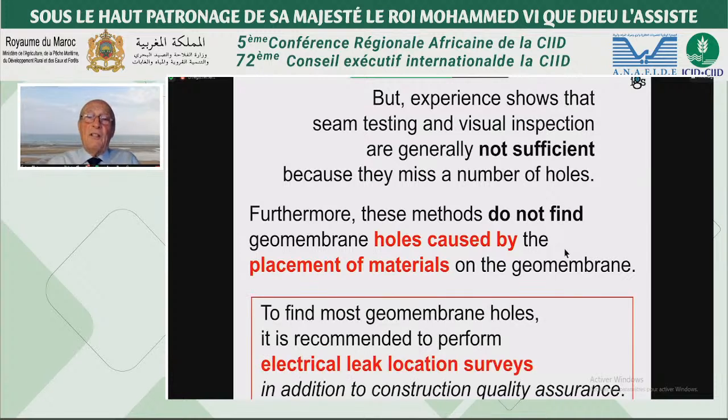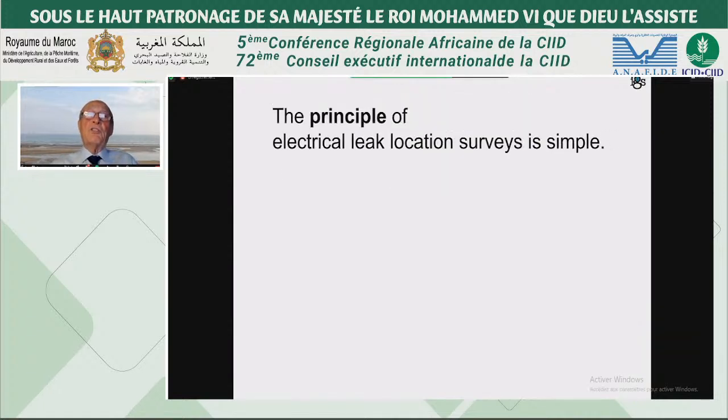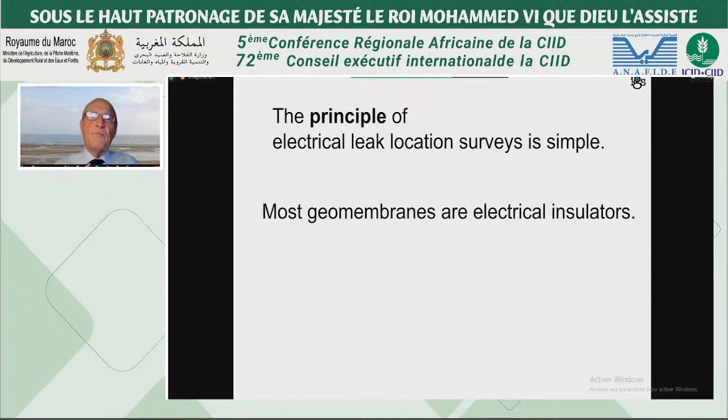So to find most geomembrane holes, it is recommended to perform electrical leak location surveys in addition to construction quality assurance. The principle of electrical leak location surveys is simple.